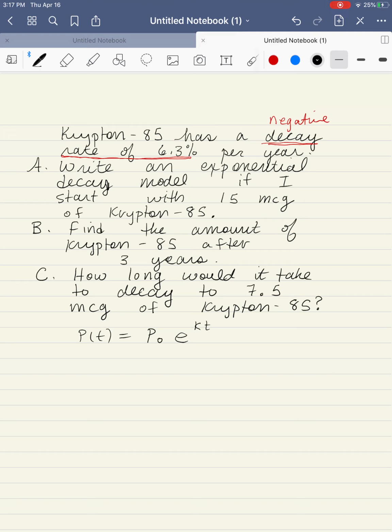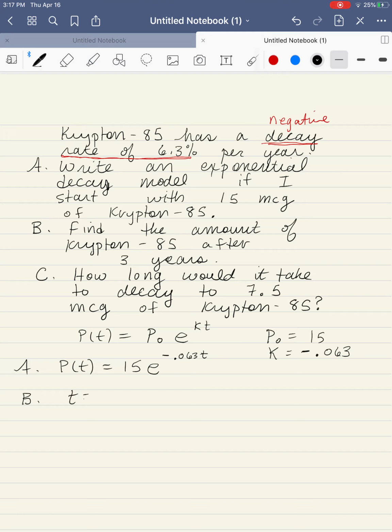So we have P of t equals P sub 0 e to the kt. In the problem, it tells me that P sub 0, the starting amount, is 15 micrograms. And it tells me that we have a decay rate of 6.3. So decay tells me it's negative 0.063. So when I write my model, P of t equals 15 e to the negative 0.063 t. So this is my answer for part A, the model.